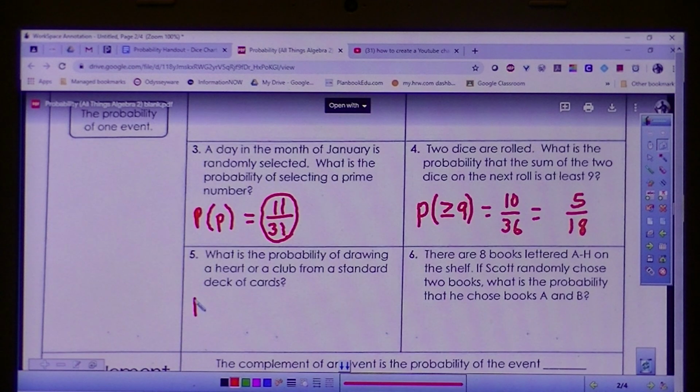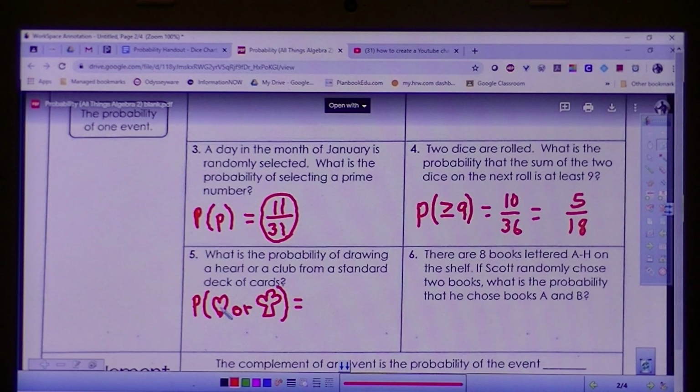So what's the probability of a heart or a club? That's an ugly club, but I'm going to call that a club. And then we said that there were 13 hearts and 13 clubs, so that makes 26, and 52 cards altogether, hey, that's 1/2. So if you randomly select a card out of the deck, half of the time you should expect to get one of those 2 suits.